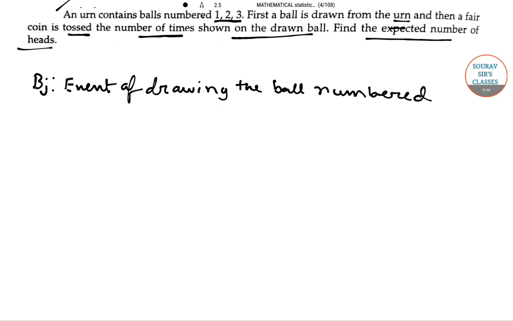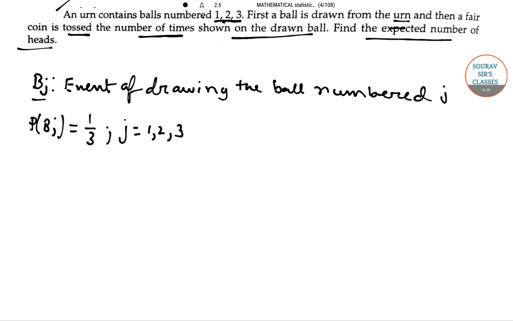Bj is the event of drawing the ball numbered j. So we are denoting it as j. Now the probability of Bj is equal to 1 by 3, as j is equal to 1, 2, 3.